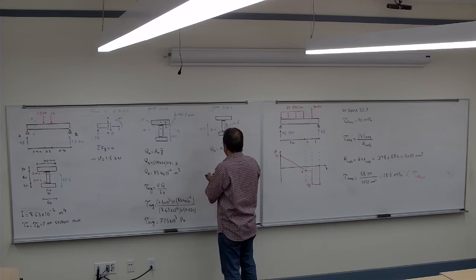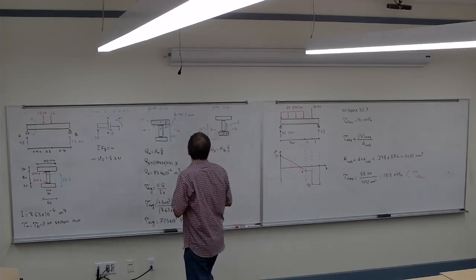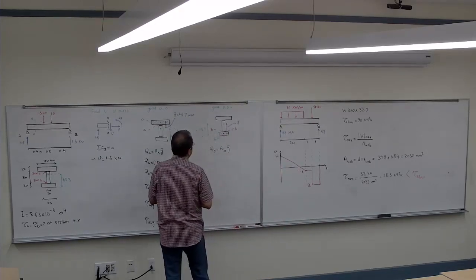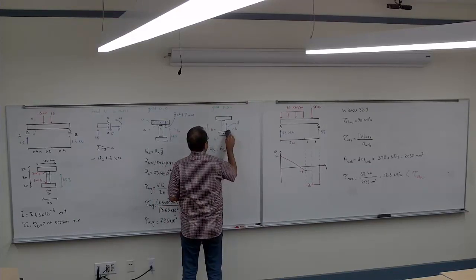And the area of B that I'm going to select is this one. So how much is the Y bar here? 58.3.